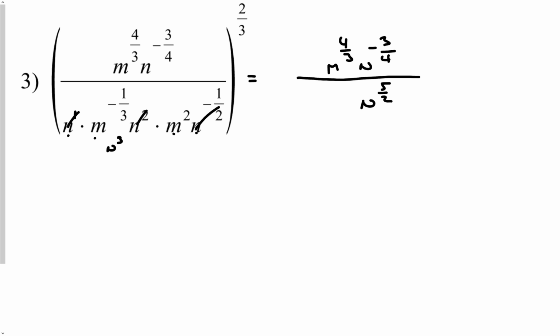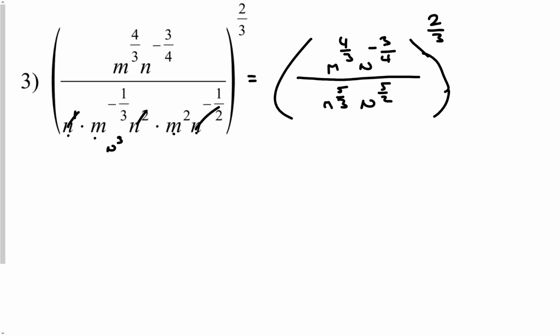I got a negative 1/3. So 2 minus a third gives me 5/3. And remember, all this is still raised to the 2/3 power.